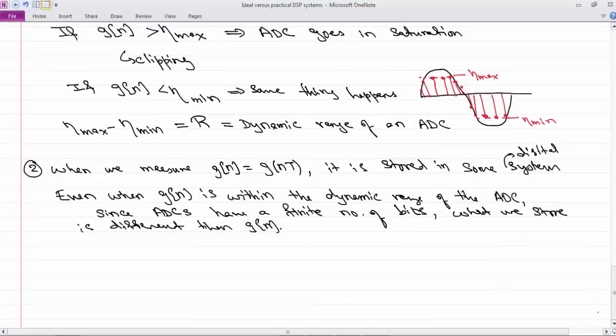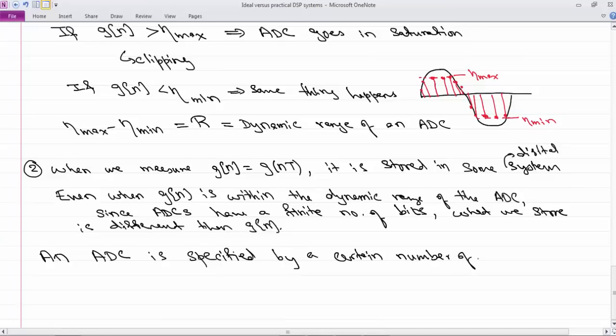So when you go and read the data sheet of an ADC, it will say it's a 16-bit ADC, it's a 24-bit ADC, it's a 32-bit ADC. In general, an ADC is specified by a certain number of bits, say B. Okay.